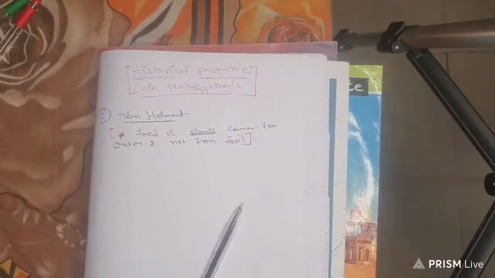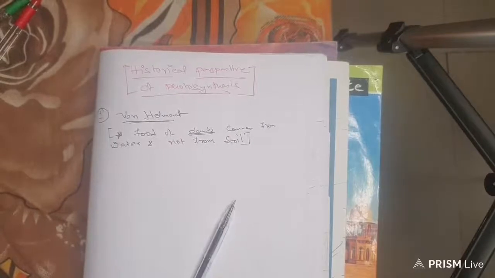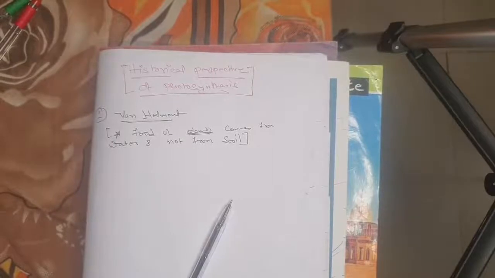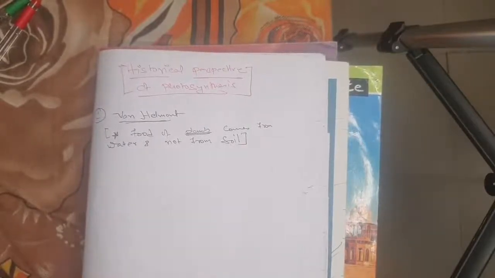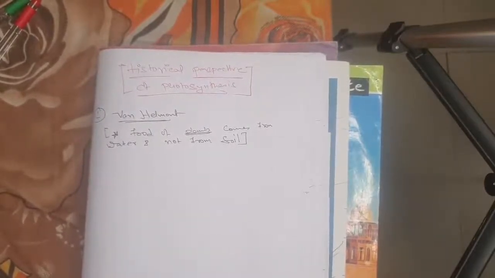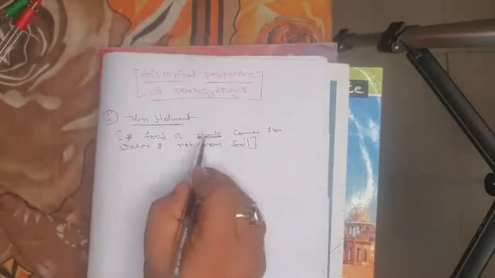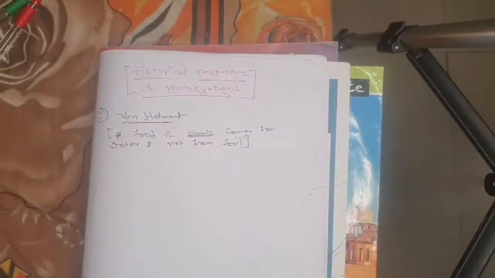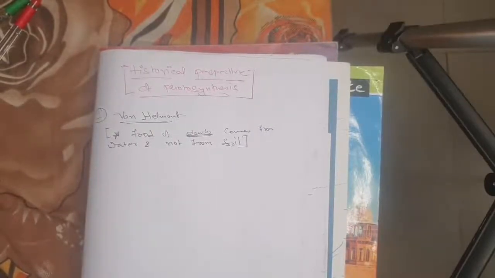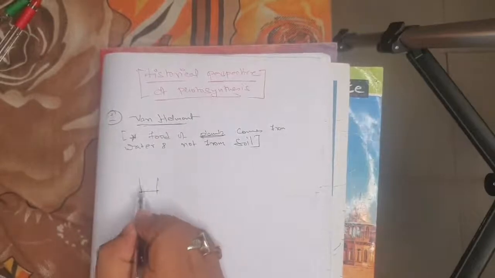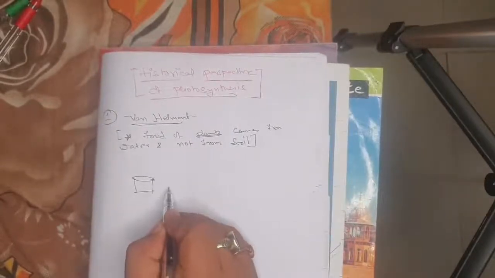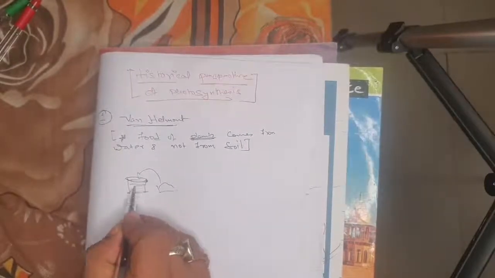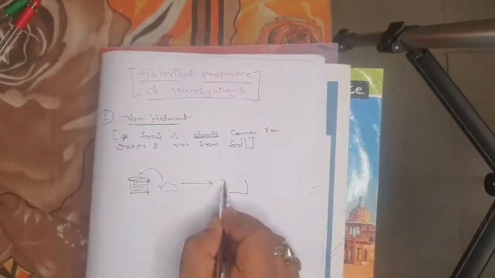Okay, so food. Now, Van Helmont concluded that food for plants comes from water and not from soil. Actually, the experiment that he did was that he took a pot, weighed some soil and put the soil inside. He put a sapling and allowed the plant to grow.